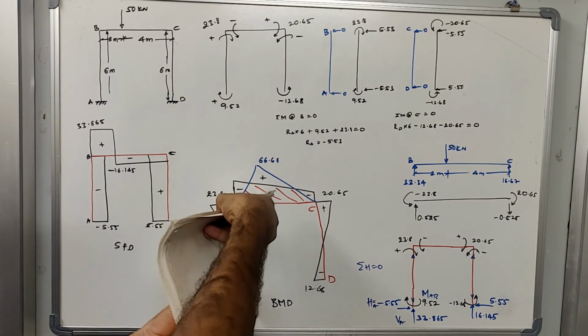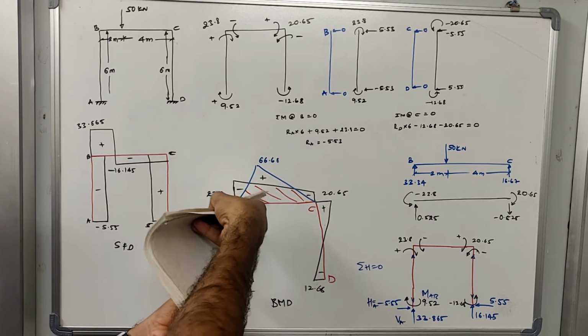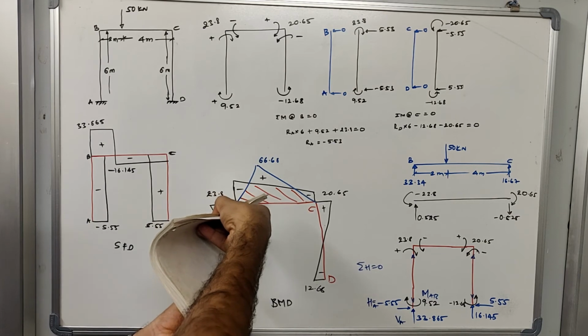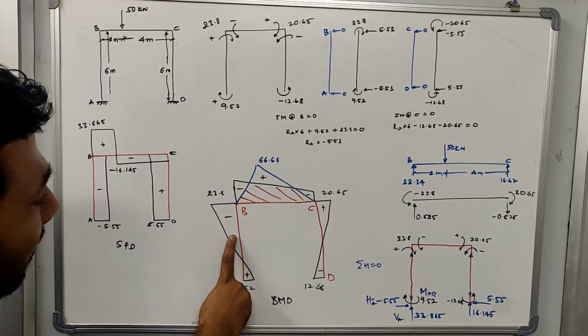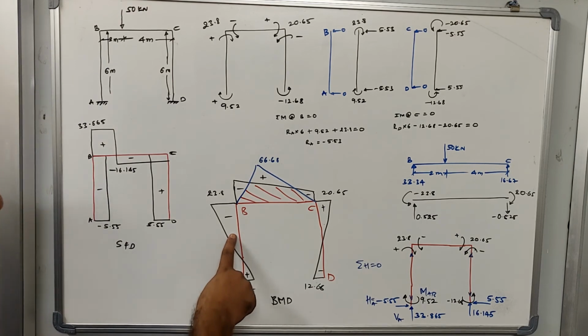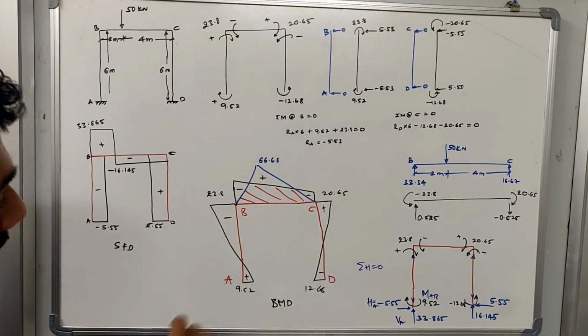It gets twisted like this. As you can see, at the upper portion it is hogging and at the lower portion it is sagging. So I have written sagging here and hogging here. Hogging is the negative symbol, sagging is the positive symbol.